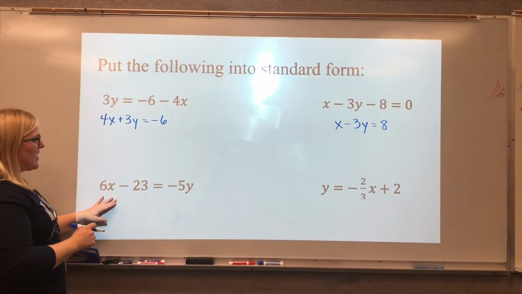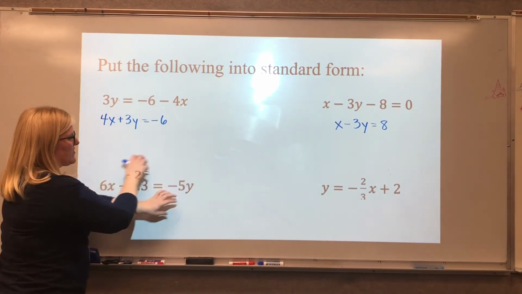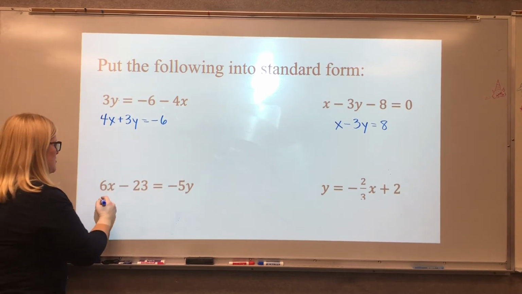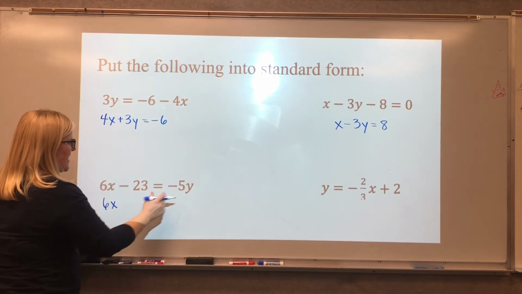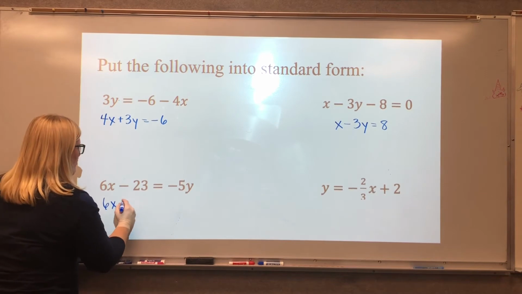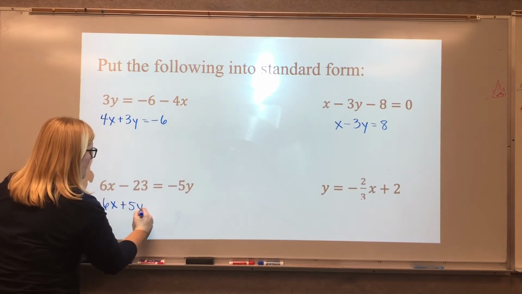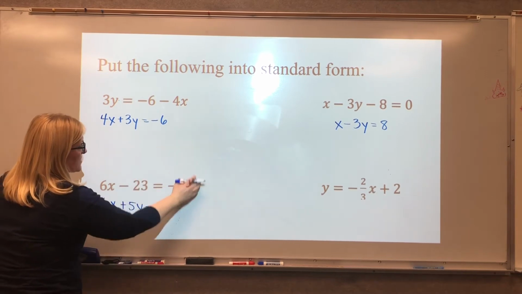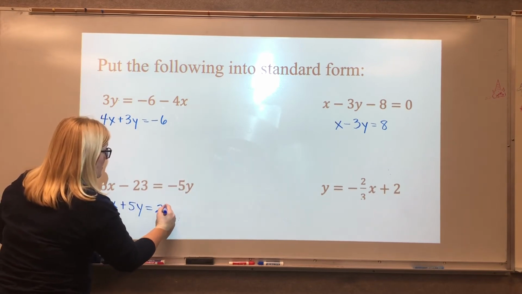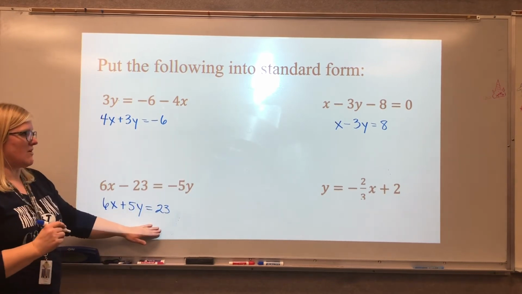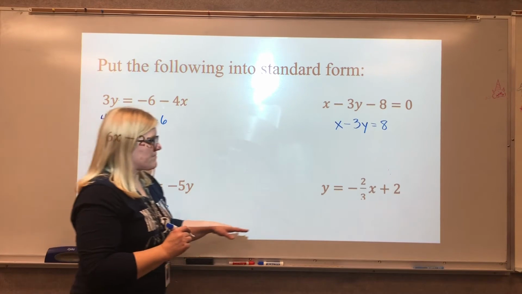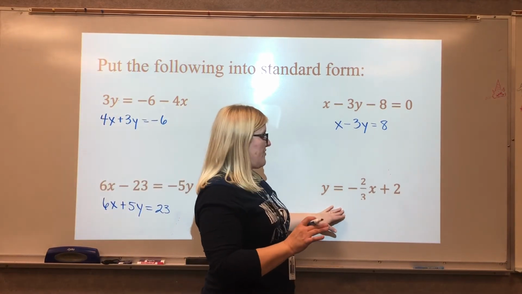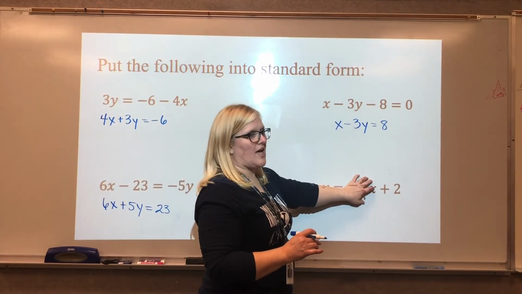Over here, these two need to flip-flop and change signs. So here's 6x, negative 5y is going to come over here and become positive 5y, and negative 23 is going to come on this side and become positive 23. And finally over here, we need to do a couple things.